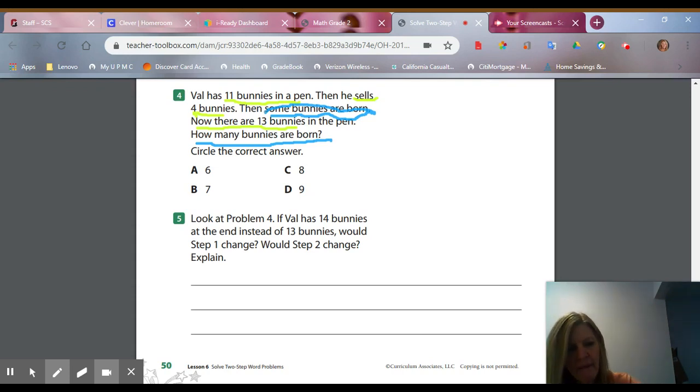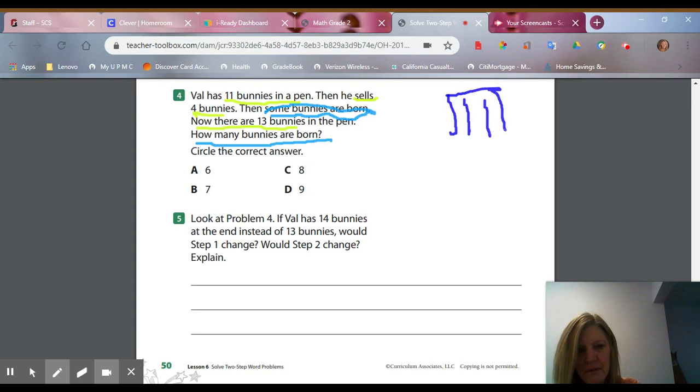Last problem, we did an equation to figure it out. Maybe this time we'll do the tape diagram. All right, so we have 11 bunnies in the box. He sold 4.